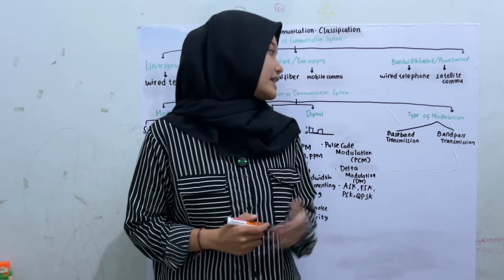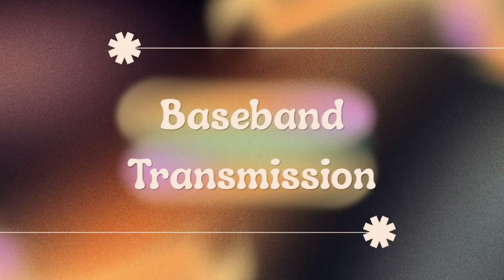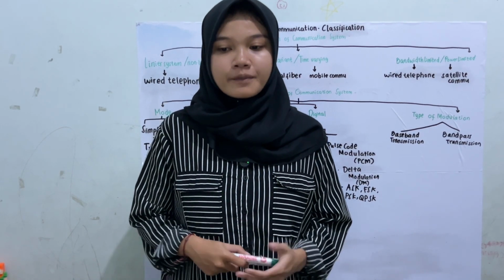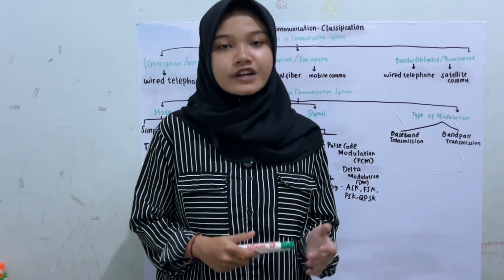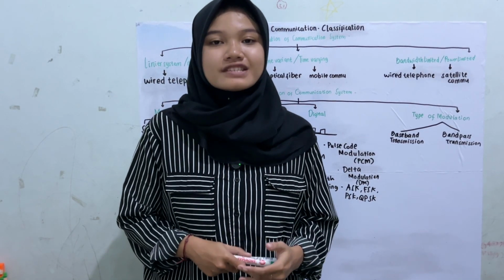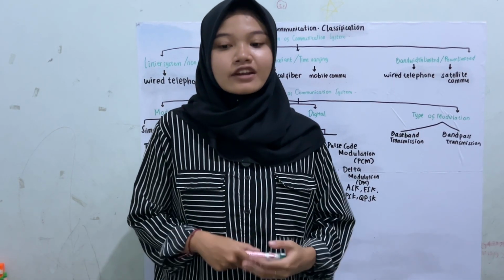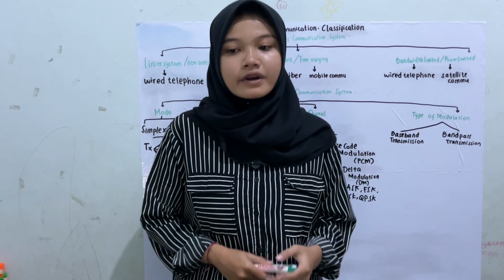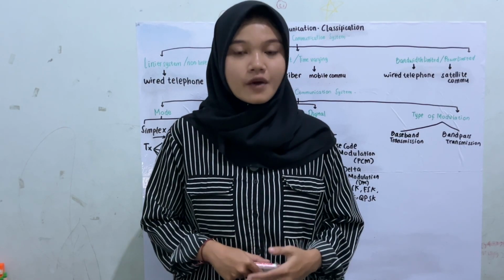Let's begin with baseband transmission. A baseband transmission sends the original information signal directly through the communication channel without using a carrier signal. In other words, the signal is transmitted in its original form without being shifted to a higher frequency.